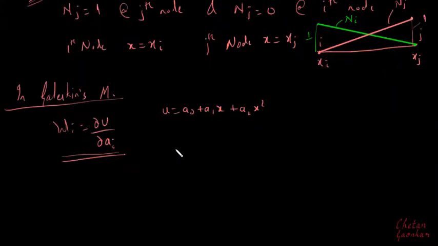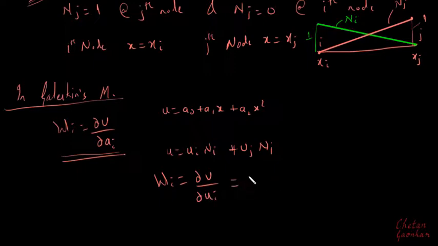But in the case of finite element method, our trial function has become u is equal to ui Ni plus uj Nj. Now in the case of Galerkin's method, our weighting function will be wi equal to dou u by dou ui, and that will be Ni, and wj will be dou u by dou uj, and that will be Nj.